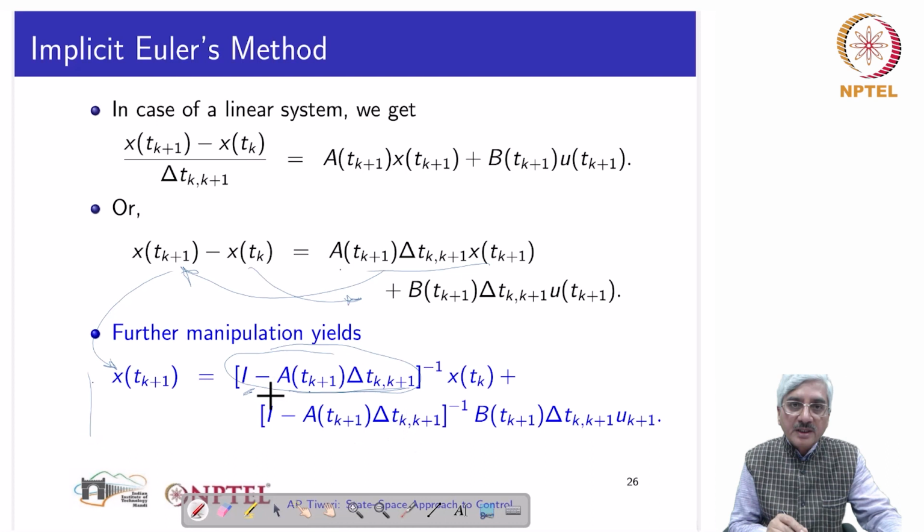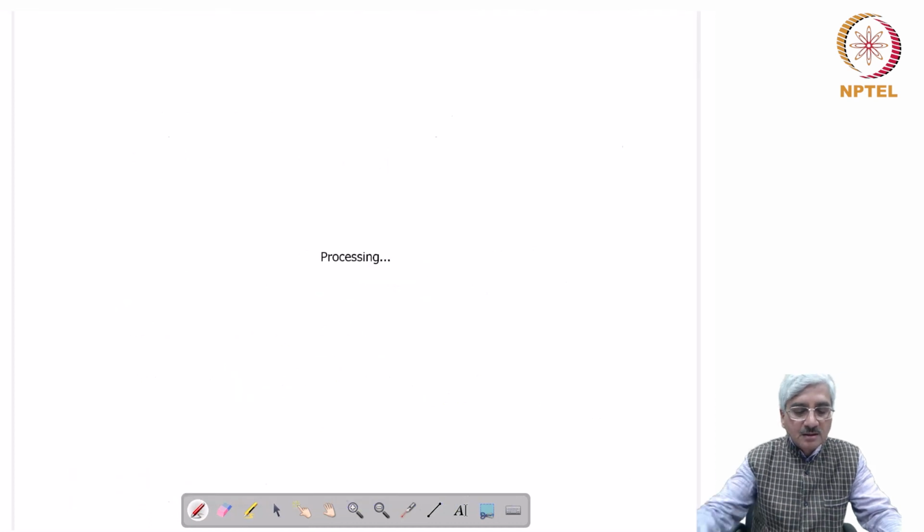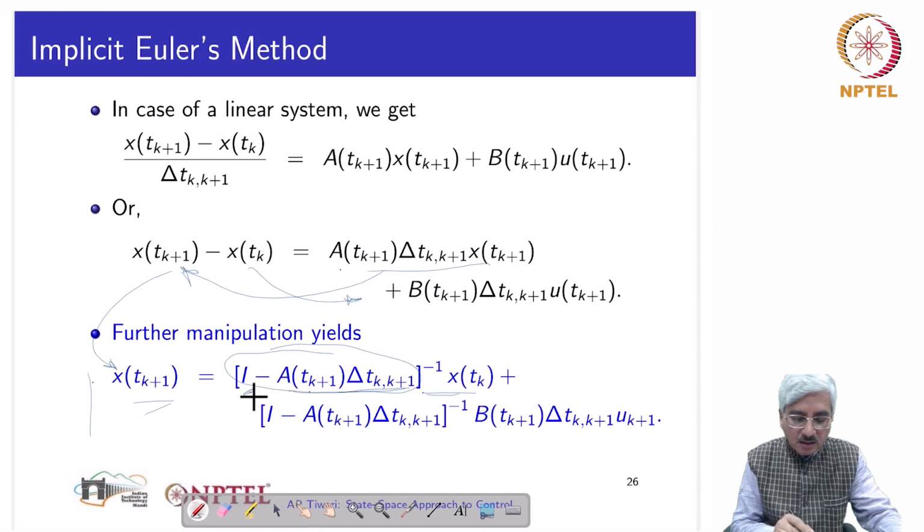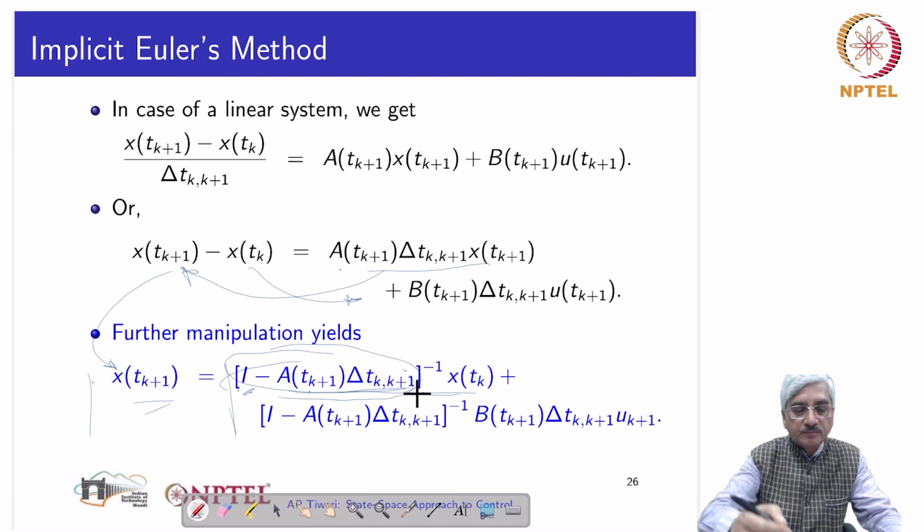We have to evaluate identity minus A into delta t and its inverse, then we can obtain x(tk) by repeated solution. So we can see the complexity involved compared to Euler's method, where we did not have inversion of the matrix.